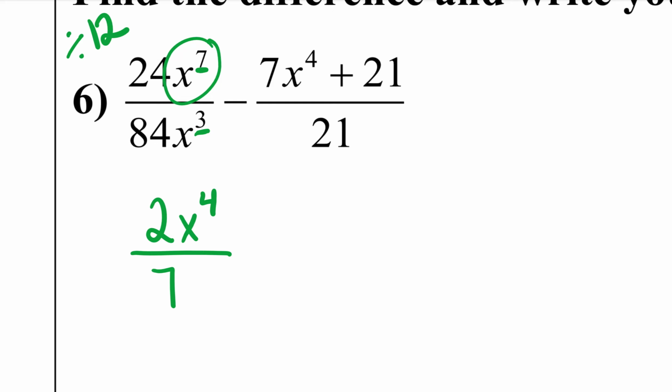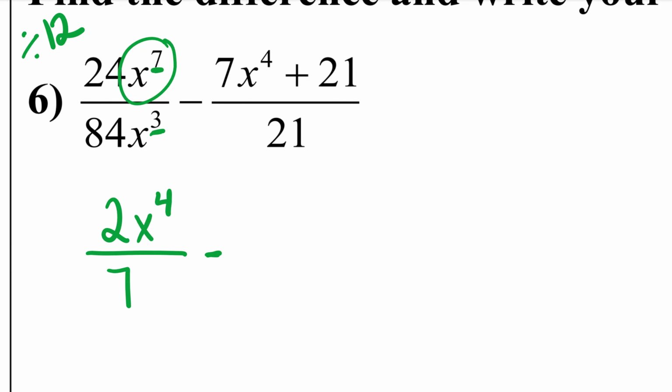Okay? Then I do minus. And look, this is the difference on 6. I can still reduce my first fraction, but I can also reduce the second. So you can reduce both fractions on number 6, where you could not on number 5. If I look at all three of these numbers, 7, 21, 21, I can divide all of those by 7.